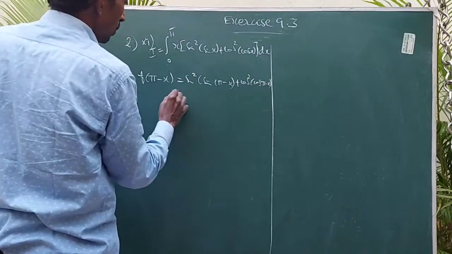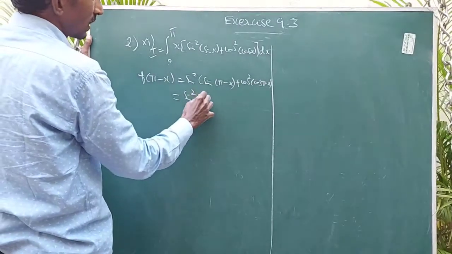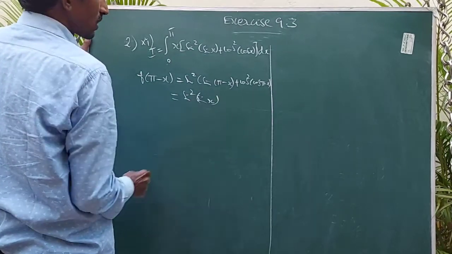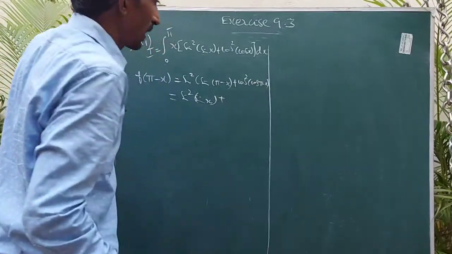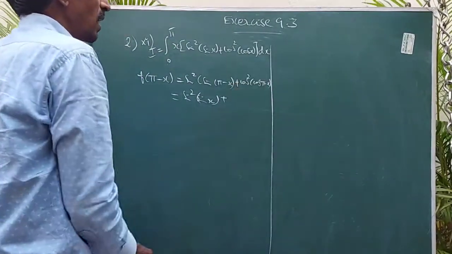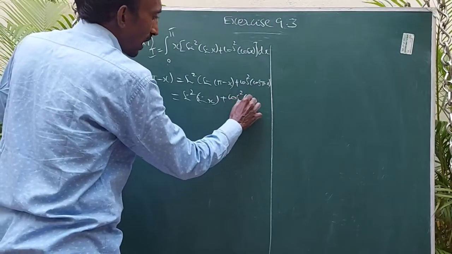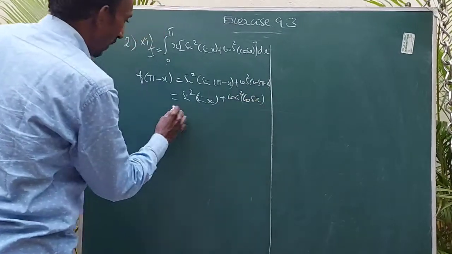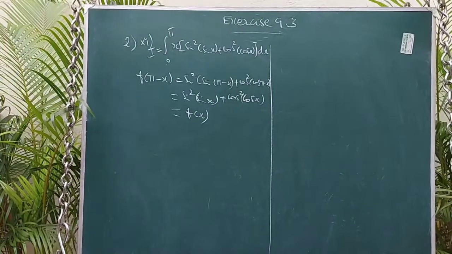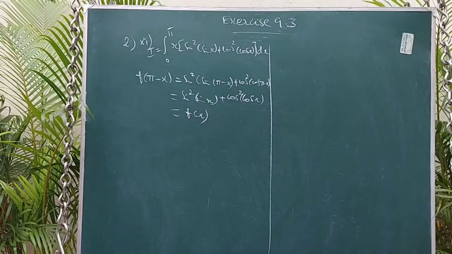Sin of 180 minus theta is sin, so sin square of sin x, plus cos of 180 minus theta is minus cos, but here a square is there, that's why again it is plus cos square of cos x. So anyway f of a minus x equals f of x, then we can apply property number 12.